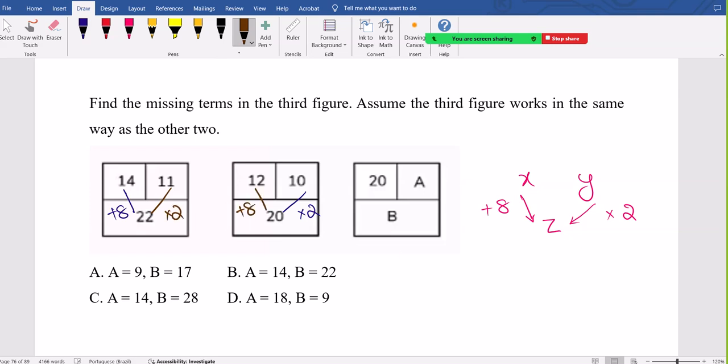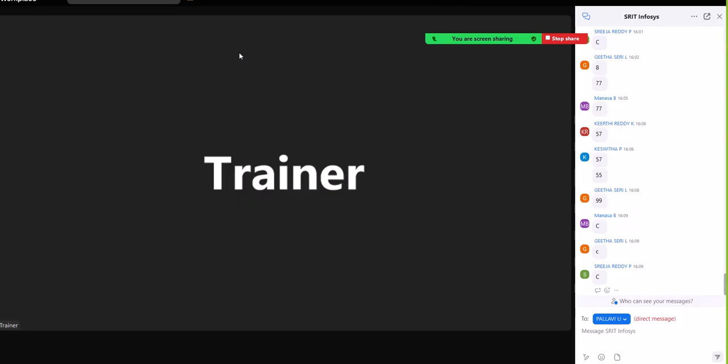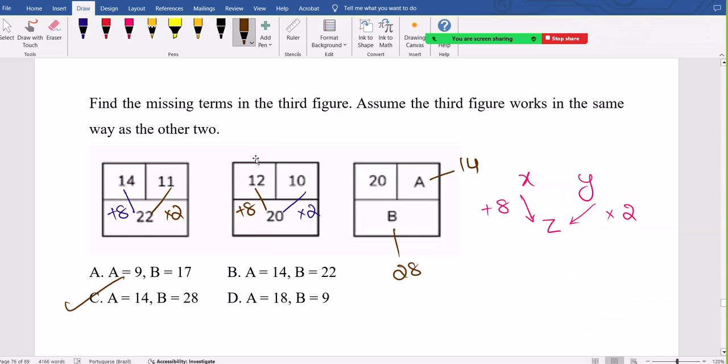So B is 28, A is 14. Three numbers. Option C. Super.